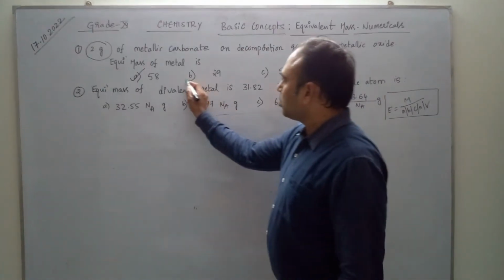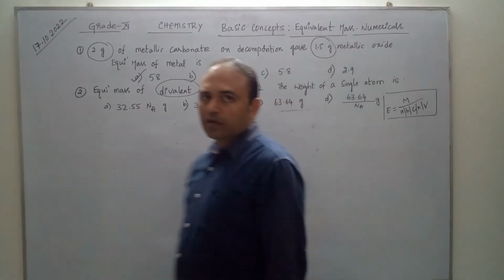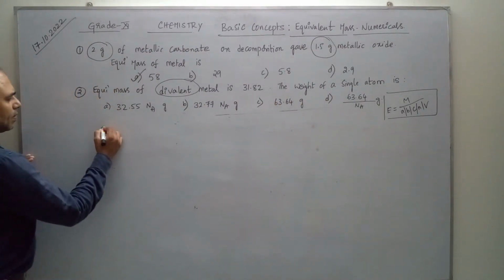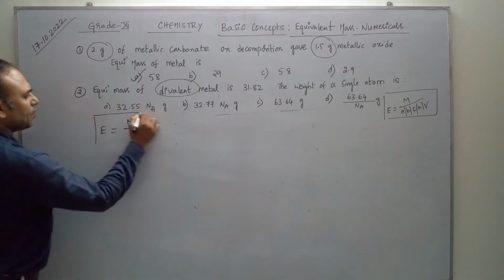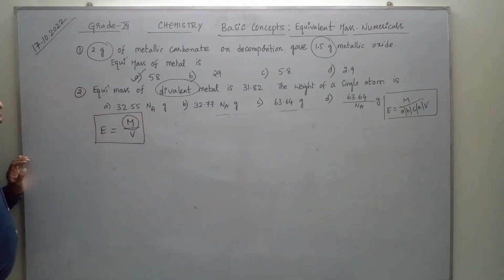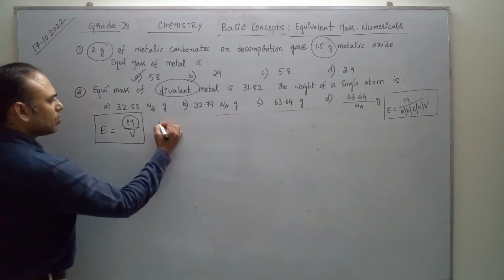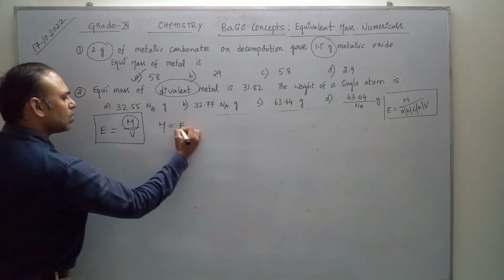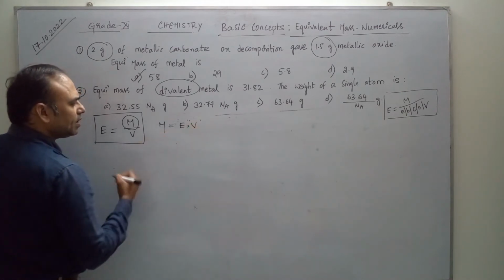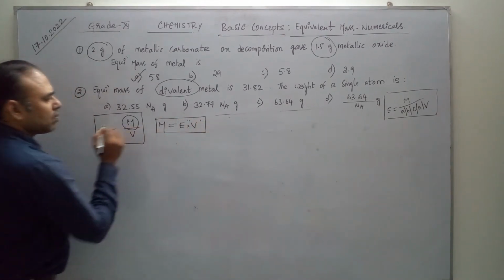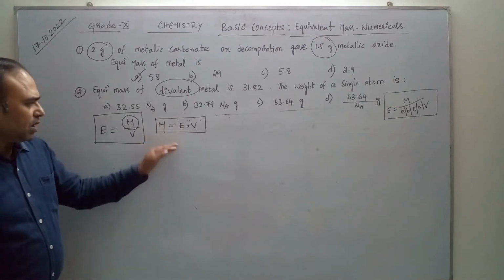Now they are talking about valency, so therefore we can write E is equal to M by valency. From this how do you get molecular mass? So molecular mass is equal to equivalent mass into valency. You can write E into V. So we have derived this formula.